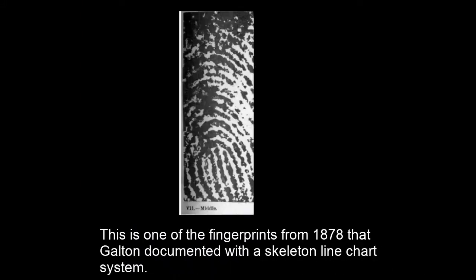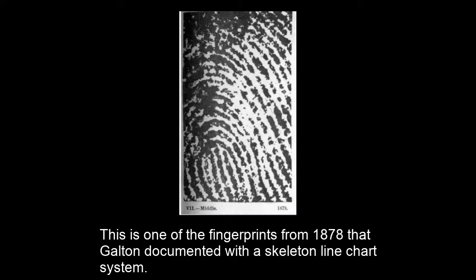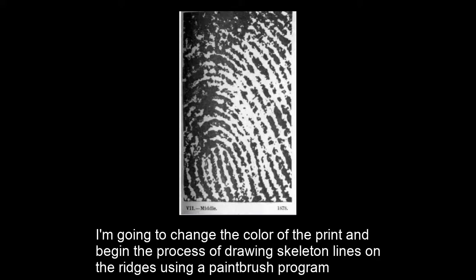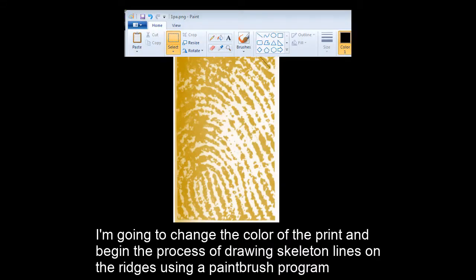This is one of the fingerprints from 1878 that Galton documented with his skeleton line chart system. I'm going to change the color of the print and begin the process of drawing skeleton lines on the ridges using a paintbrush program.